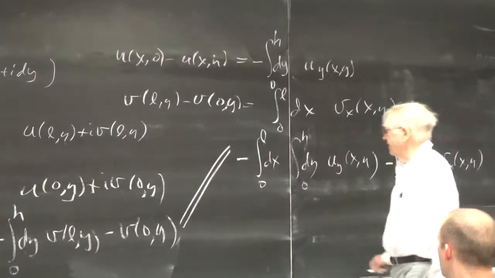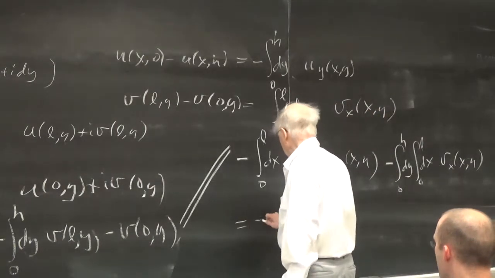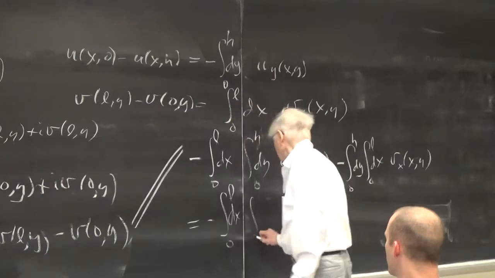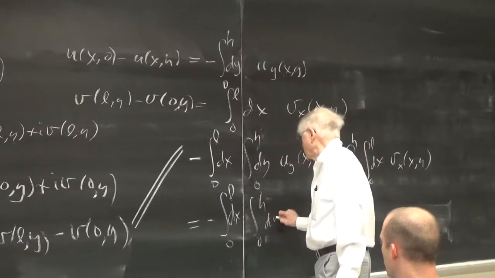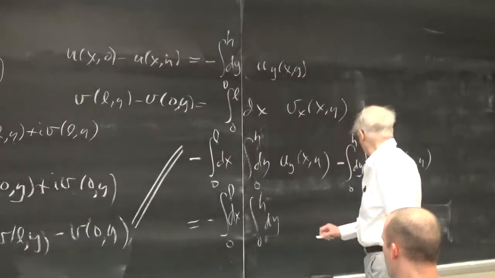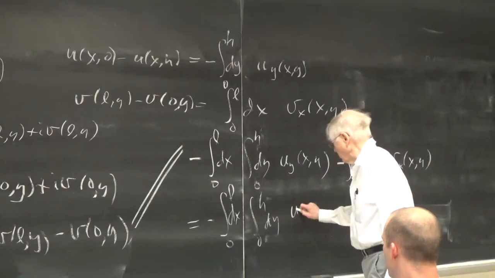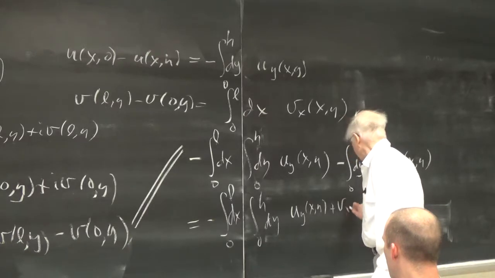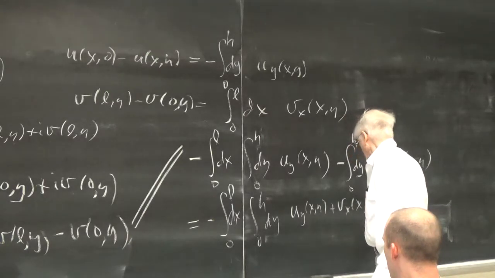And so altogether, it's minus an integral 0 to L dx, 0 to h dy of u sub y of x and y plus v sub x of x and y.